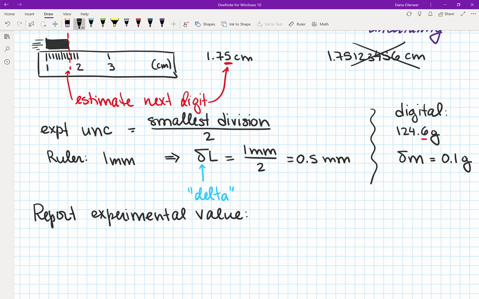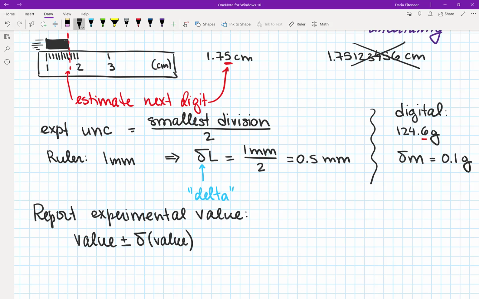So it's going to be value plus or minus the experimental uncertainty in that value. I'll write it like this: value plus or minus experimental uncertainty in this value. There are a couple of pointers that you have to follow when you're doing that.